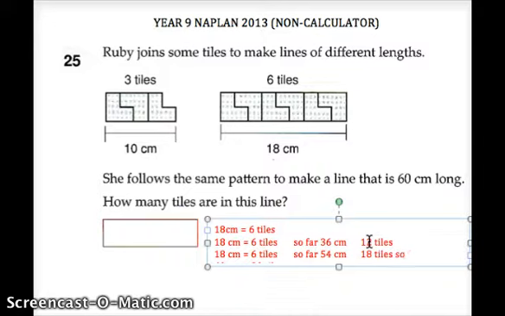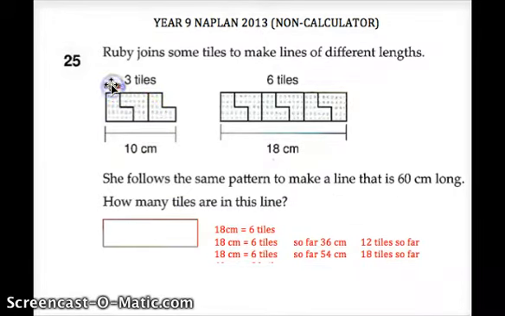Okay. And we now need to see what we still need. So we've got 54 centimetres, we need another 6 centimetres. So let's look at this first shape up here. If this whole thing is 10 centimetres, then this bit up here is 2 centimetres, so is this little length there, it's 2 centimetres. Now I'll mark those in.